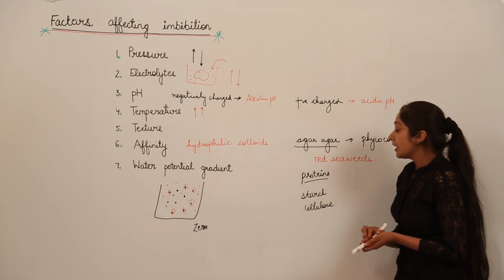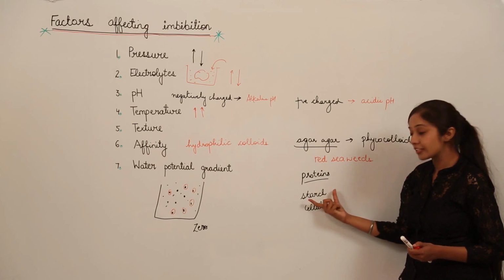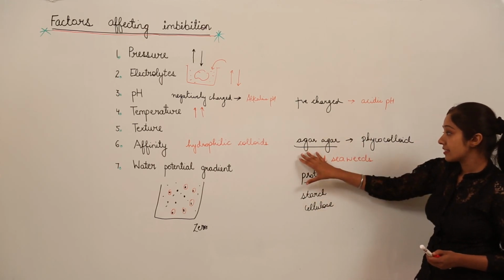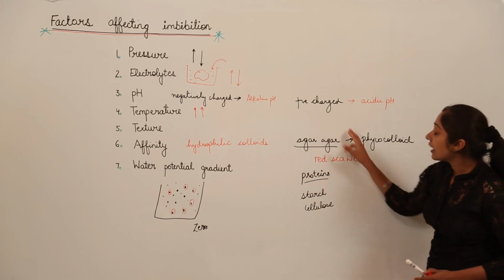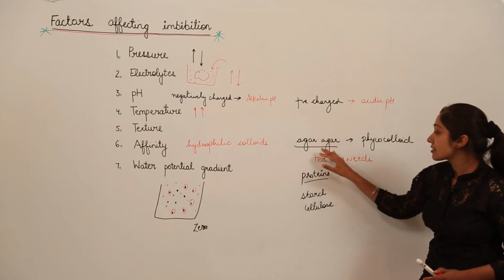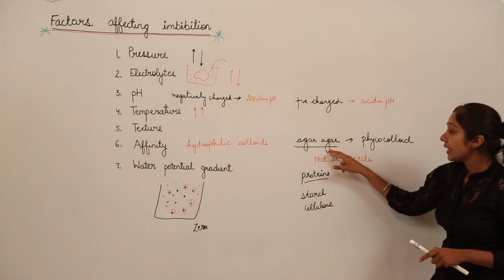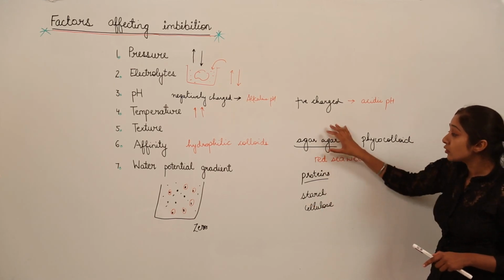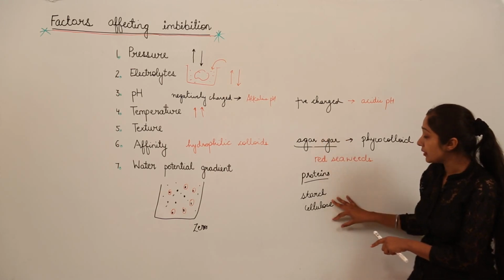For example, we have talked about agar-agar, proteins, starch, cellulose. In this case, let us compare agar-agar with, say, cellulose. This agar-agar has highly negative solute potential, right? And this cellulose has not that extent of negative solute potential. So what is going to happen?